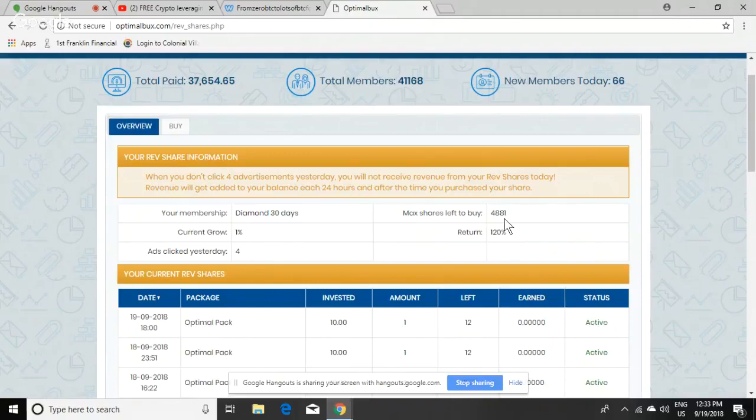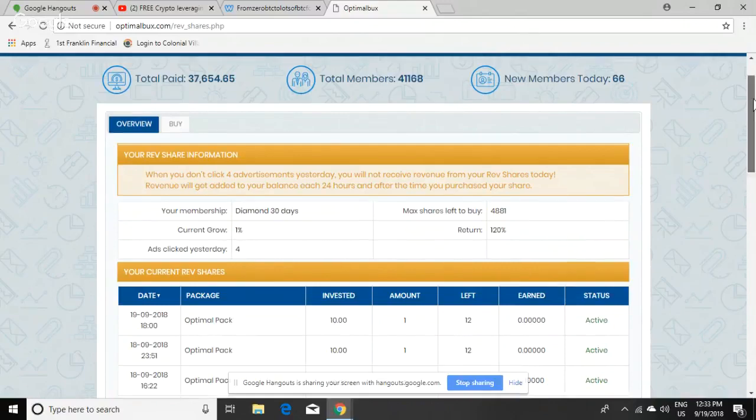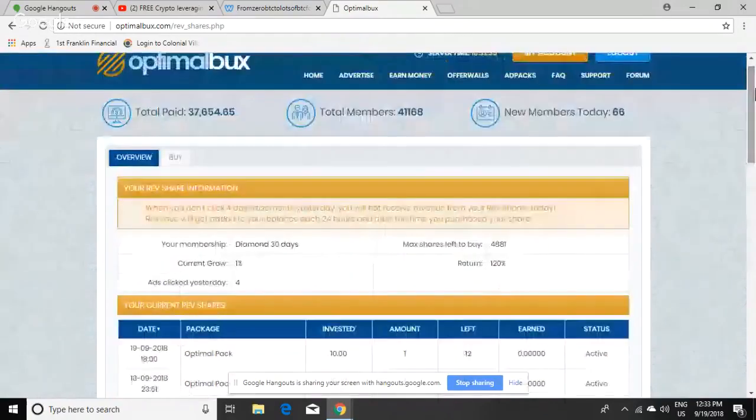The website says you will earn 0.05% a day. However, if you go up in the various levels, the maximum level, you will earn 1% a day, as it shows here that my current growth is 1%. And then, of course, you can see all my ad packs there I got.